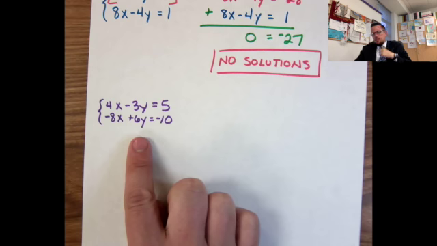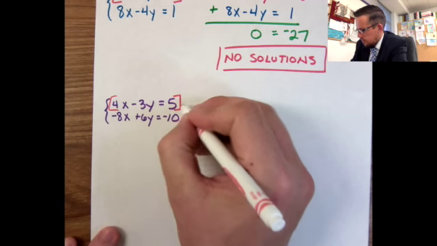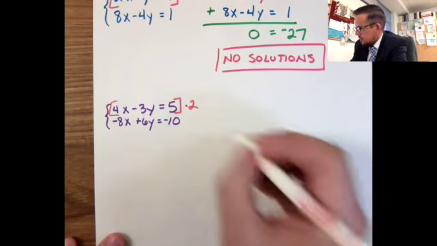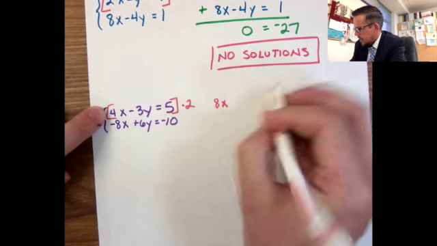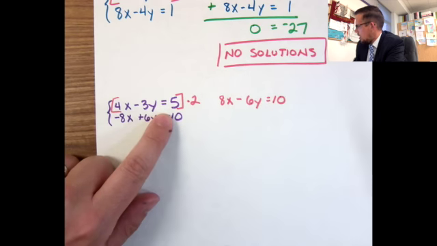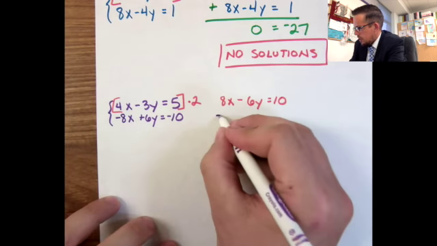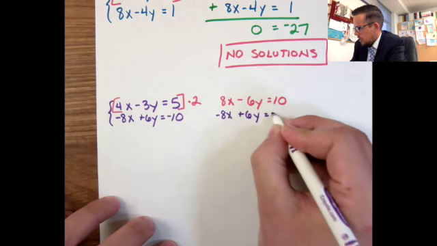Times it by 2. Yeah, let's times the top by 2. So 8x minus 6y equals 10. And on the bottom, -8x plus 6y equals -10.